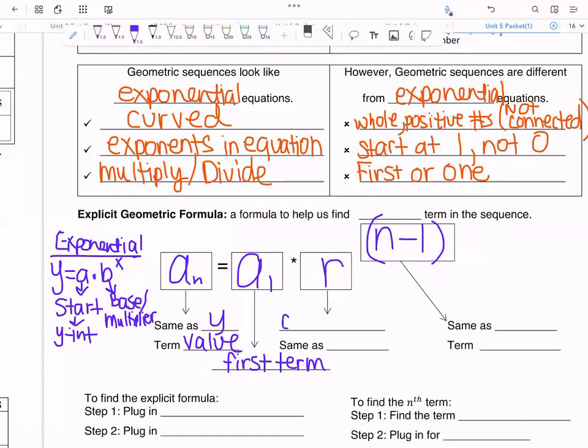And then we have r. This is our common ratio. So this is what we're multiplying by. It's the same as our multiplier or our base. And then up in the exponent, we have n minus 1. That's the same as x. That's our term placement. Just like our table at the top, x was which number bounce we were on.